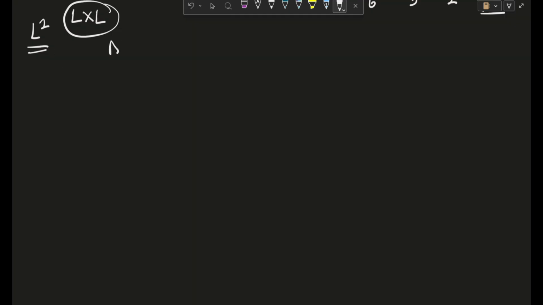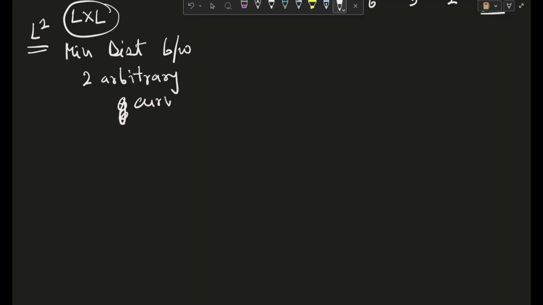So there, the minimum distance between two arbitrary curves, if you want, you can remember. I'm not forcing you, because you already have too much pressure in your mind, so don't take any more if you are not willing to.